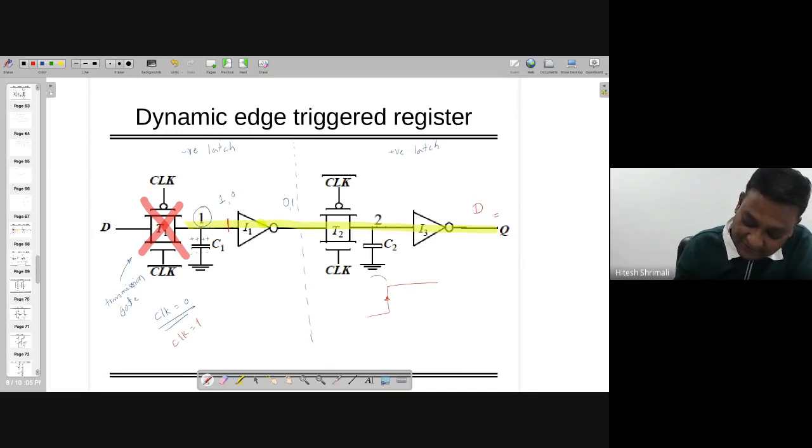In that case, the setup time is going to be equal to the propagation delay of the transmission gate.